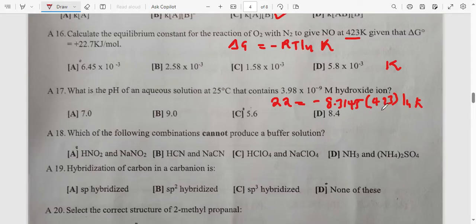The answer that we get, we are going to divide both sides, so I'll say 22 over that answer. And that is going to give us natural log of K being equal to negative 0.006255. Therefore, K is going to be e to the power negative 0.006255. And what are we going to find?